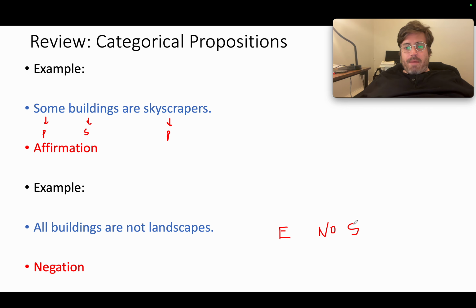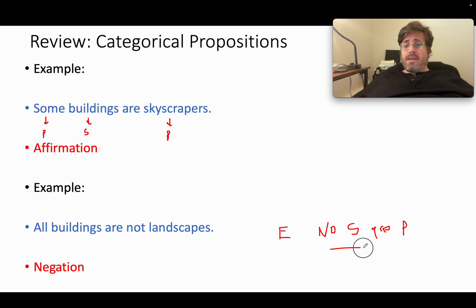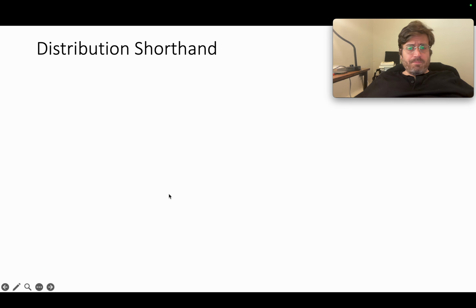And really, if we think about it, this would be equivalent in meaning. If I say all buildings are not landscapes, what I'm really saying is no buildings are landscapes. So be aware of that fact. There's a kind of peculiarity of English such that E propositions can look like this. All buildings are not landscapes. But really it's not in standard form until we put it into this structure of no SRP. But this is a negative sentence. That's really what I'm trying to emphasize here. We have negation, and universality is our quantity.